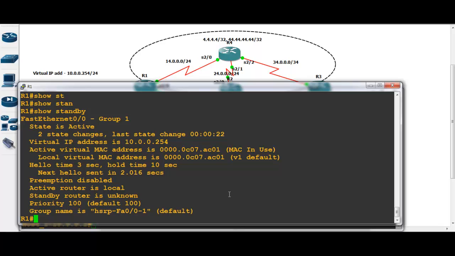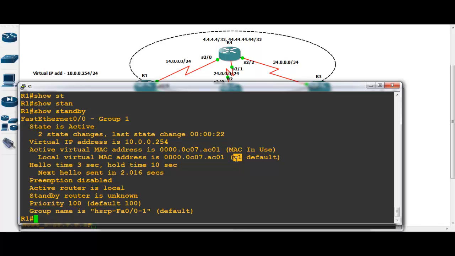Alright, so next, see, the priority is 100 and the active router is the local router. I see version 1 running by default in this IOS. We can turn on version 2 if you want.